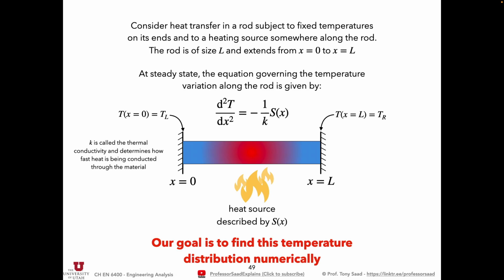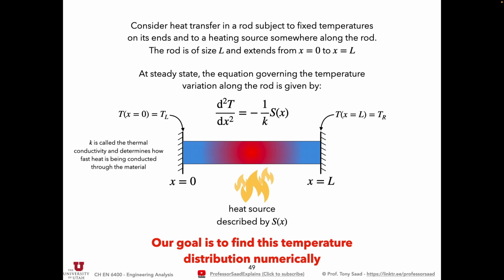But what I know from first principles is that the governing equation for temperature in this system looks like this. The second derivative of temperature in the x direction, d²T/dx², is equal to minus 1 over k times this source. So what is k? k is what we call the thermal conductivity of the material.